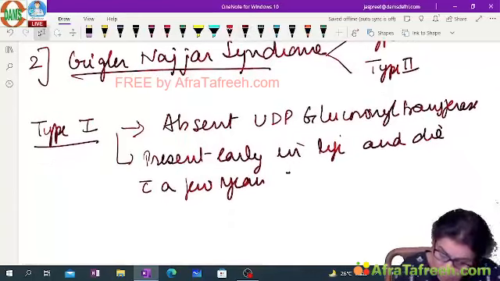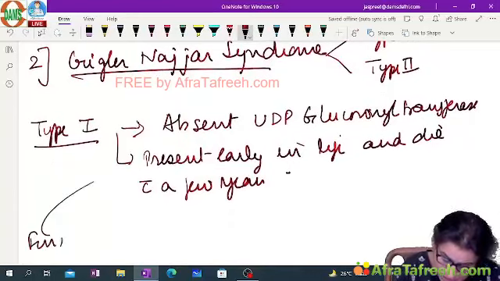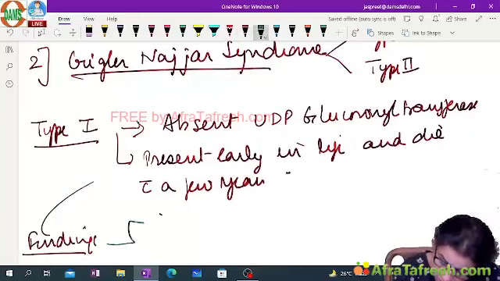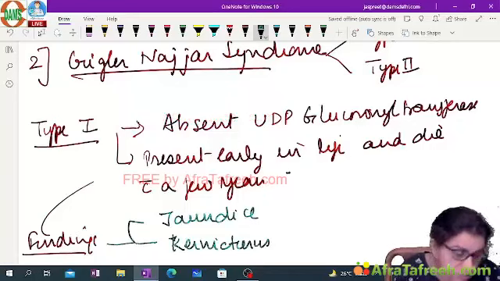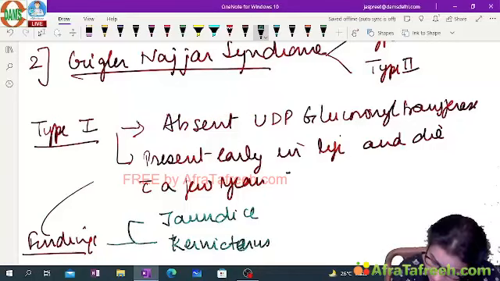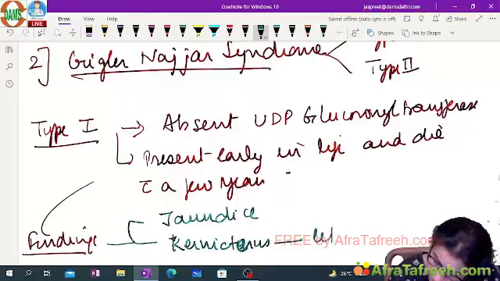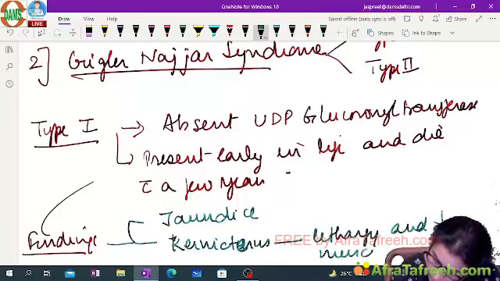Now what are the clinical features? What are the findings that these children have? Number 1, jaundice. Number 2, kernicterus. Kernicterus results in lethargy and decreased muscle tone.